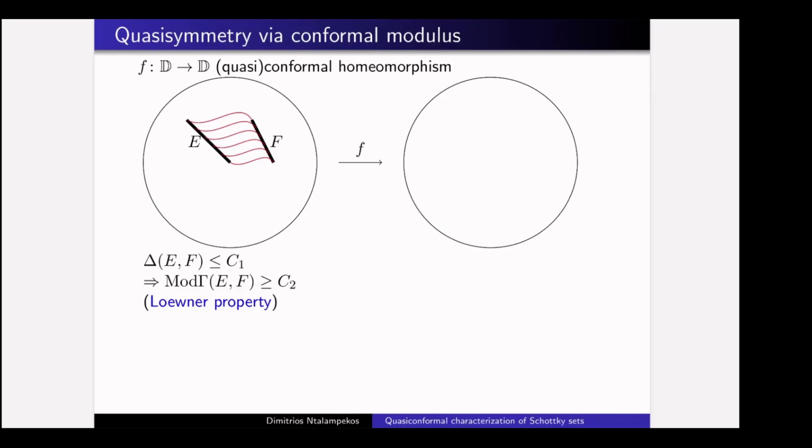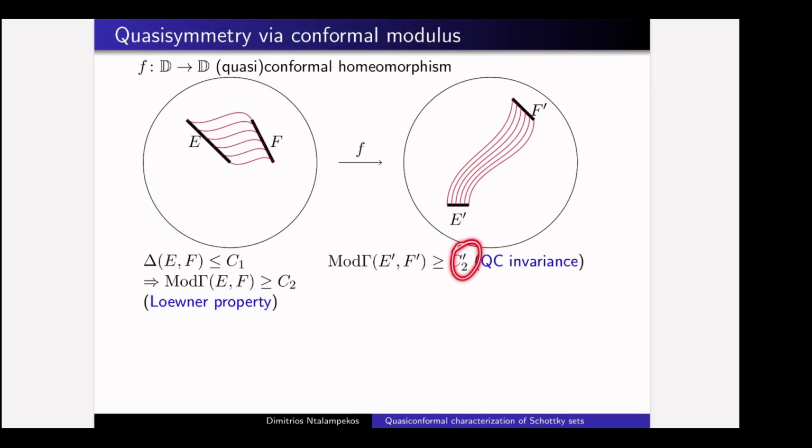Now we apply the map F. So the map F is a homeomorphism. We take the images of the sets and we take the images of the curves. As I said before, conformal modulus is conformally invariant and it is quasi-conformally quasi-invariant. So if we take the modulus of the image of this curve family, then it's also bounded from below.